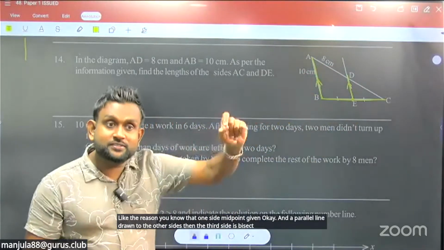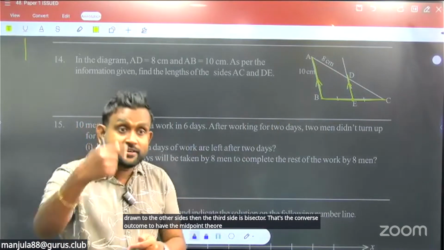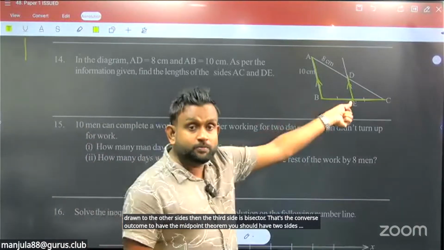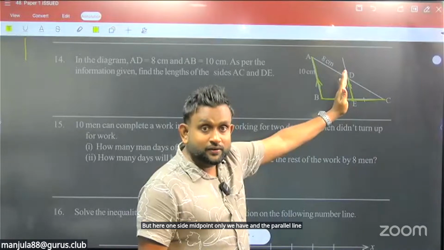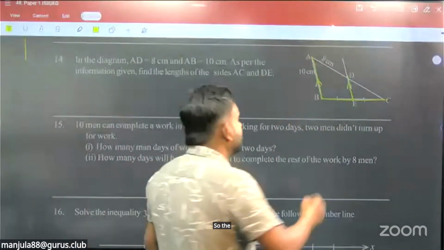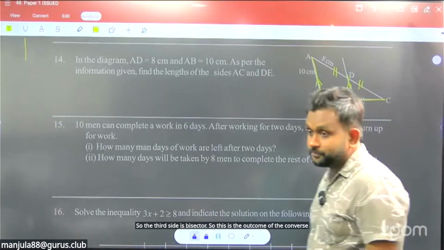That is the converse outcome. To have the midpoint theorem, you should have two sides' midpoints. But here we have only one side's midpoint, and the parallel line is drawn to the other side, so the third side is bisected.